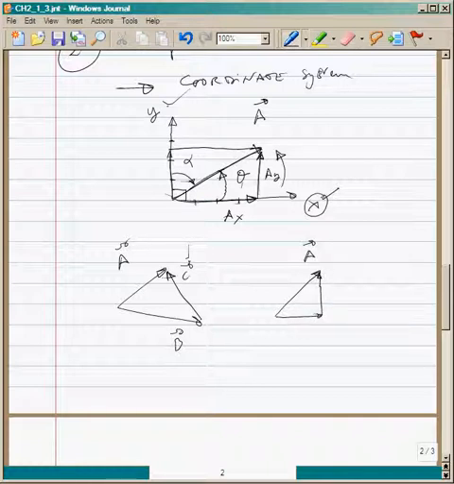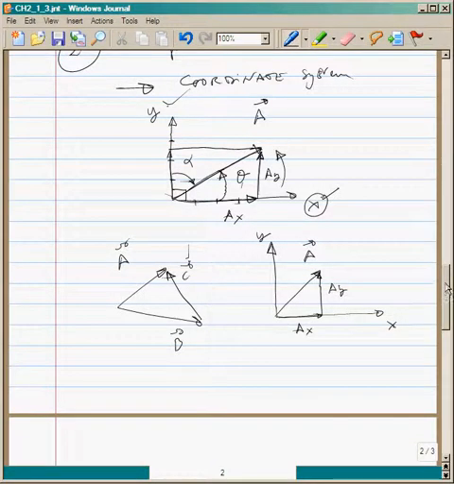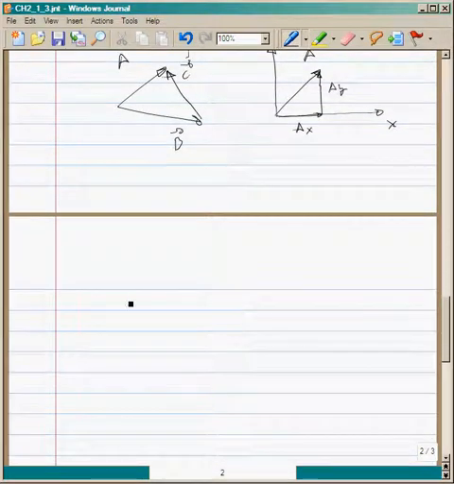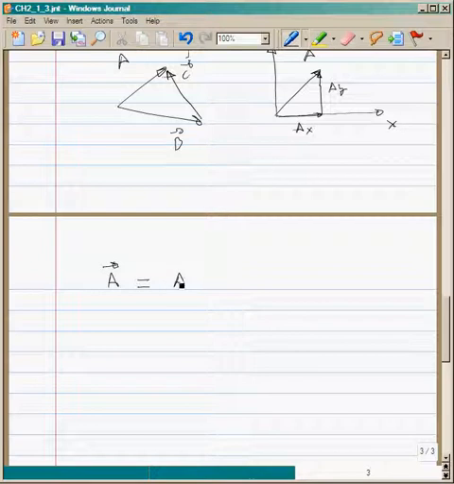And then we'll call B AX, because we will align this vector along the x-axis, and we'll call vector C AY, because it will have the direction of your other axis. And that's it. Mathematically, the way we write it is vector A is equal to vector AX plus vector AY.